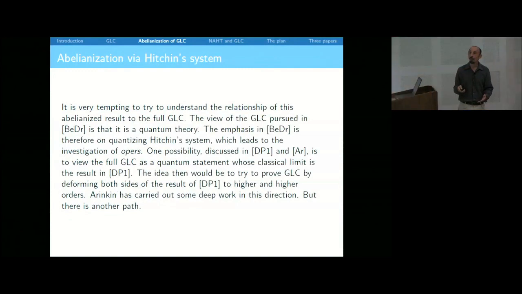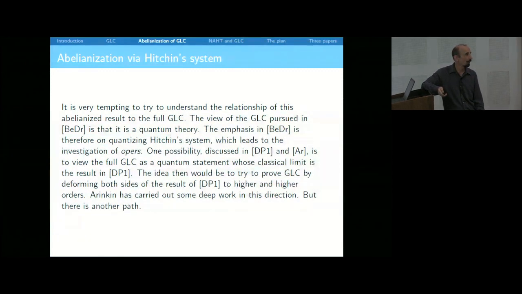So it's very tempting to try to understand the relationship between this Abelianized result, which is relatively easy, and the deep, mysterious full geometric Langlands conjecture. So the Beilinson-Drinfeld version of that is they interpret the full version as a quantum deformation of a classical theory, which is essentially this Abelianized version.